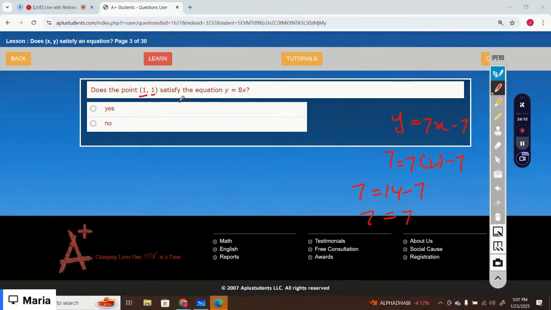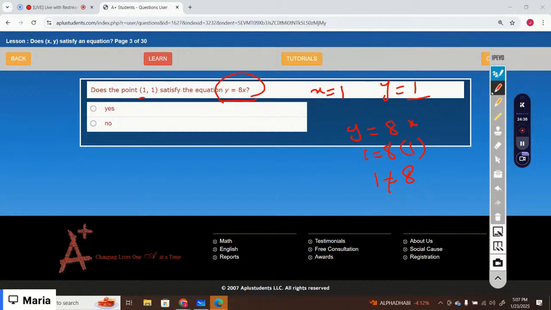The point (1, 1). The first value is the x value, x equals 1, y equals 1. Now replace the values in the equation. y equals 8x, y is 1, x is 1, 1 is not equal to 8.